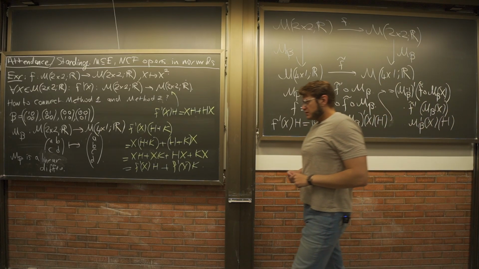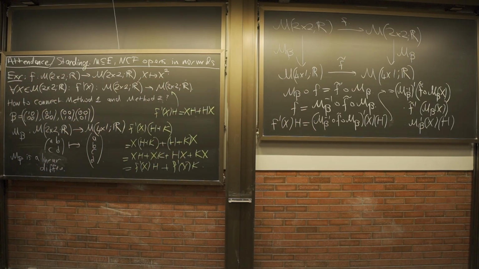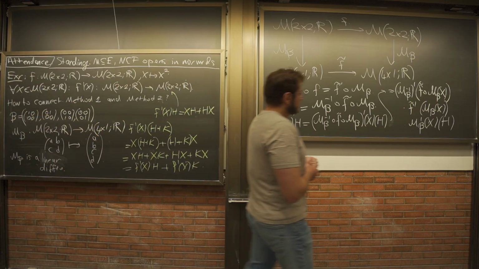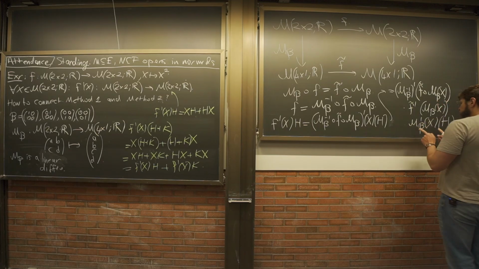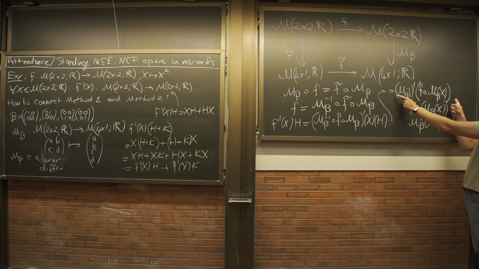OK. Now the final stage is to realize, or remember, another exercise I gave you, namely that a diffeomorphism is linear if and only if its derivative is equal to itself. This is just like in the single variable case. That is to say, for instance, this is nothing but m sub beta. It's going to be independent of x. And this is nothing but m sub beta inverse. Again, it's going to be independent of this junk in here.